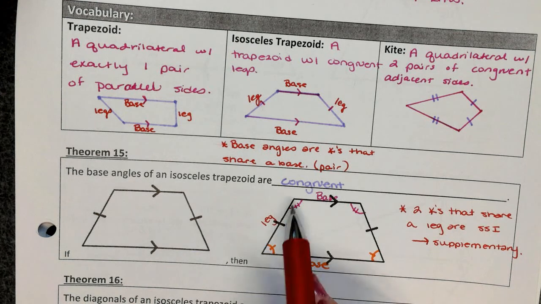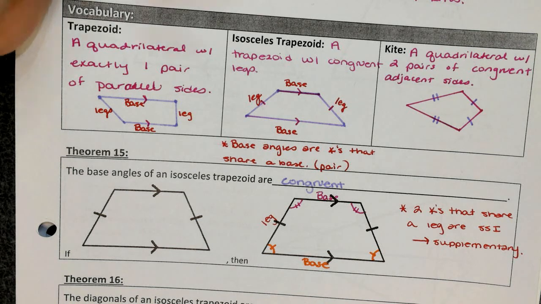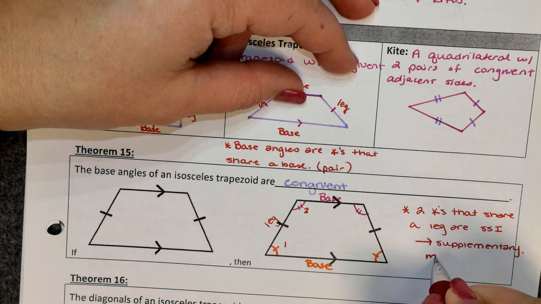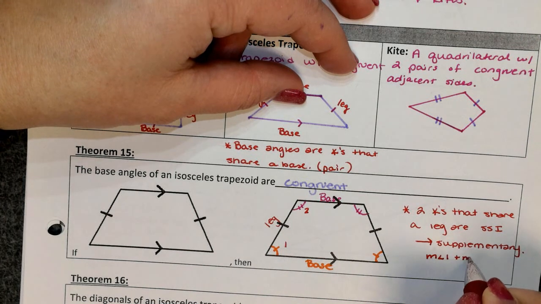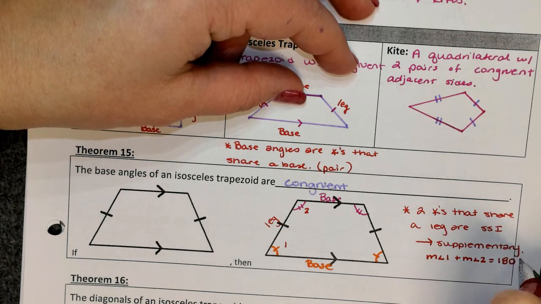So the orange angle and the pink angle are supplementary. They have to add to 180. So if I put this as angle 1 and this as angle 2, what it's saying is the measure of angle 1 plus the measure of angle 2 has to equal 180 degrees.